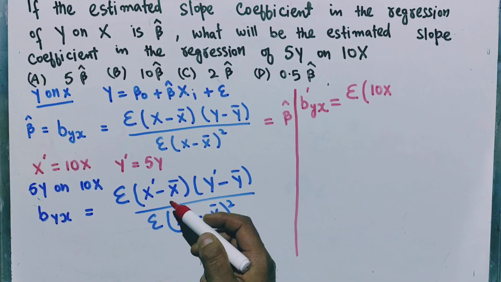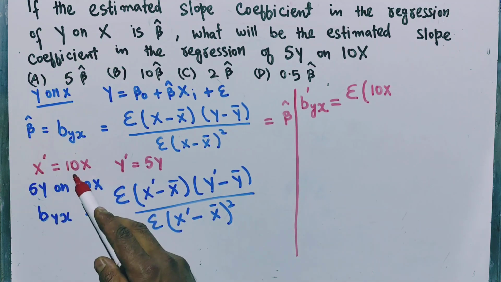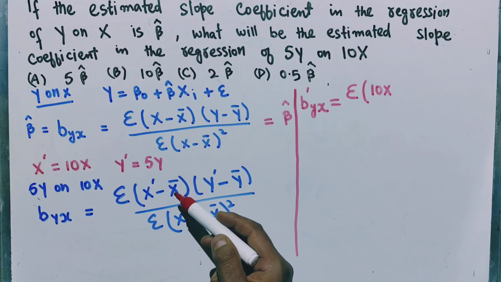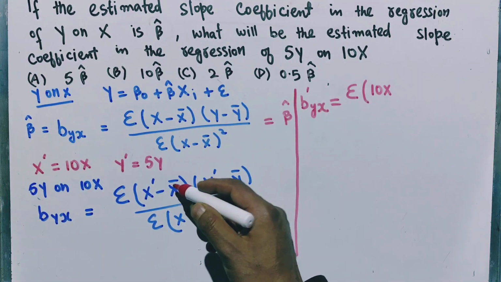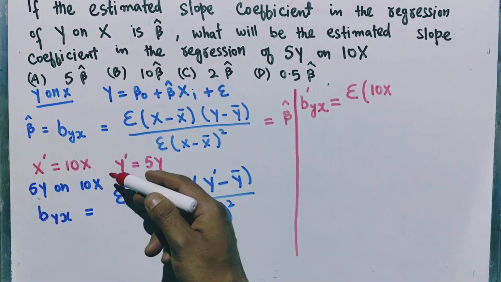Similarly, since x prime is equal to 10x, the mean x bar will also change. So it becomes 10 x bar.